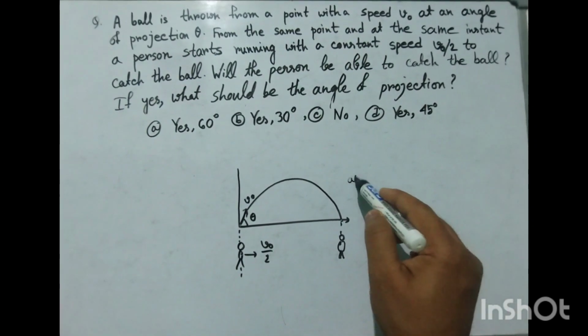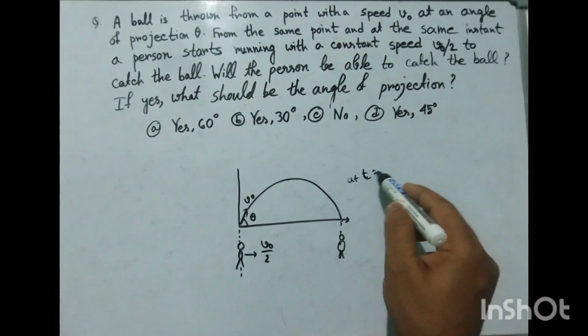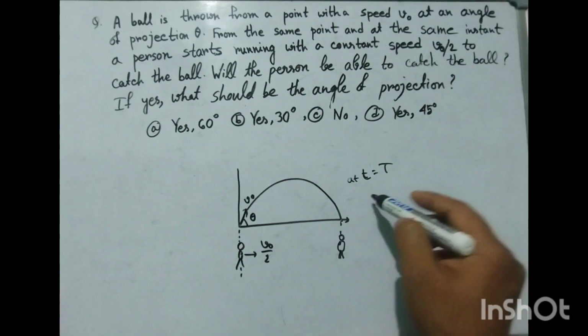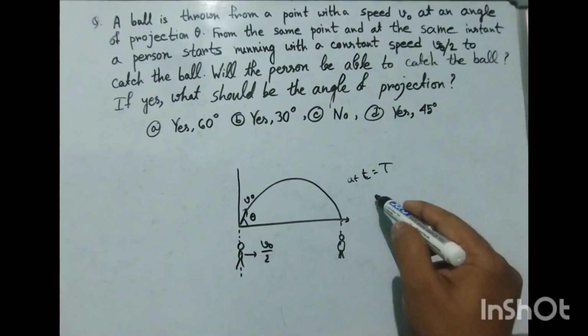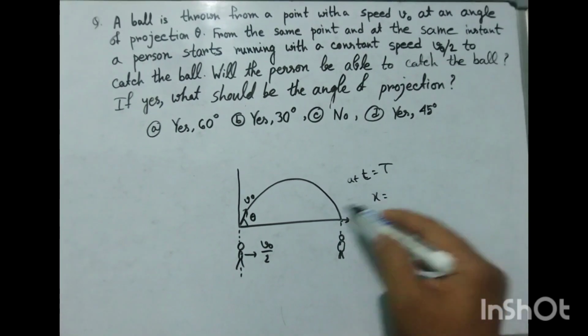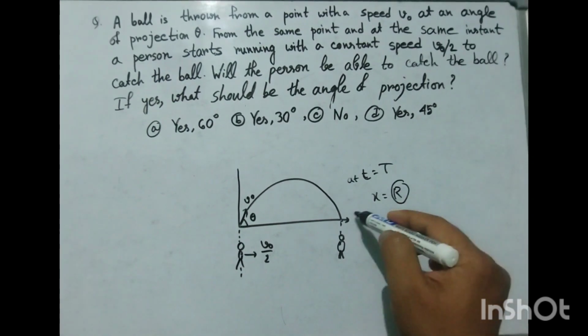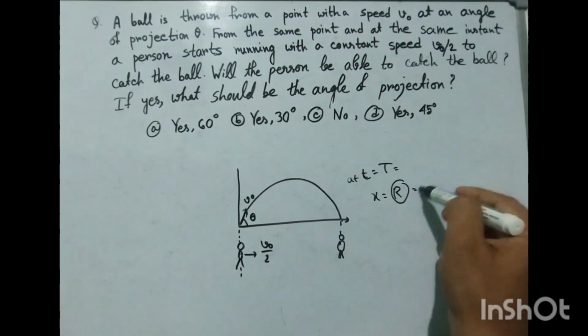That is, at t equal to capital T, the time of flight, the man should cover the distance R. R is the horizontal range and T is the time of flight.